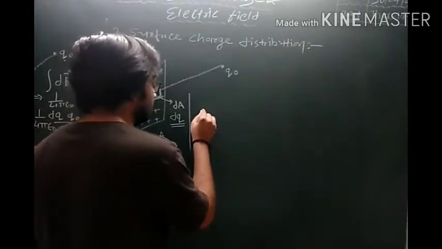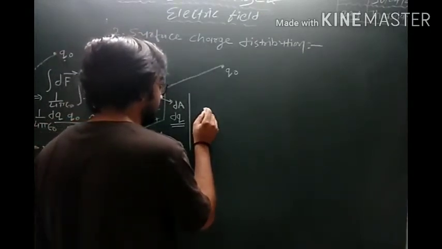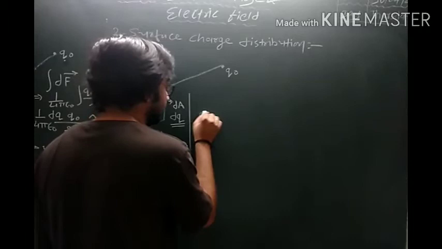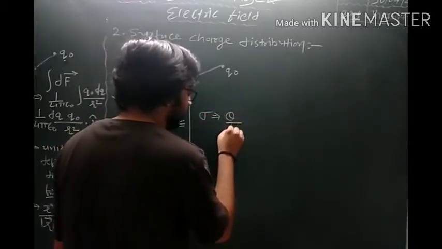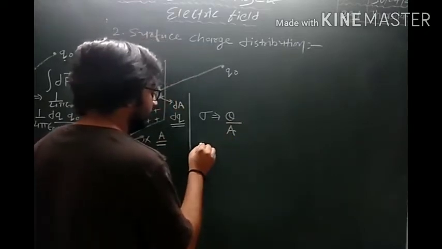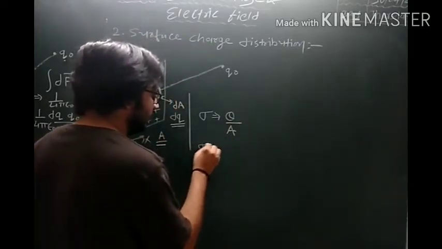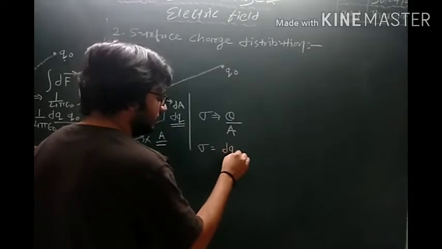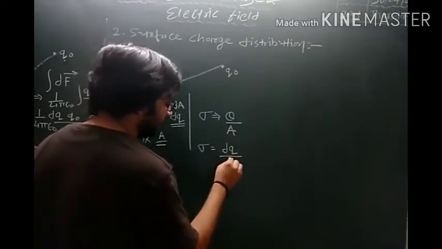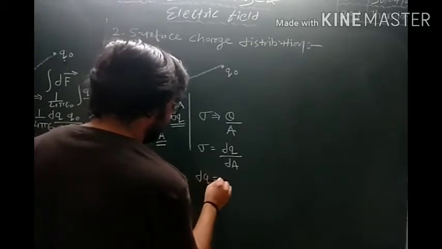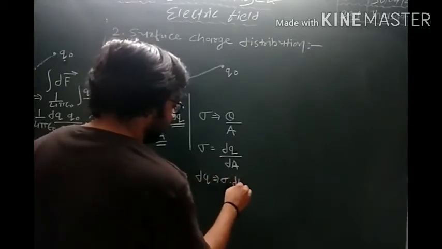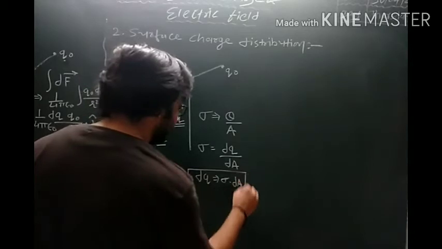Here we use the surface charge density concept. Surface charge density is nothing but charge per unit area. So here the charge is small dq and the area is small dA. So dq is nothing but sigma into dA.